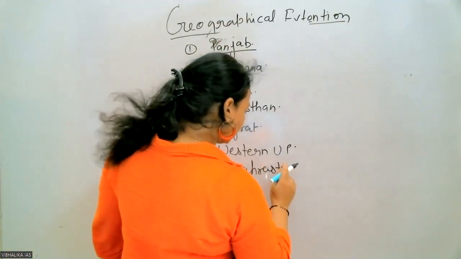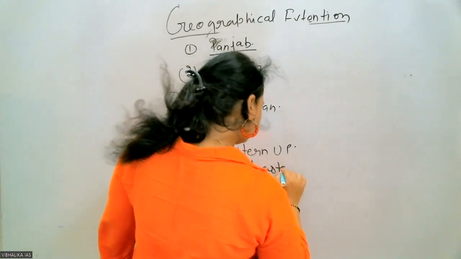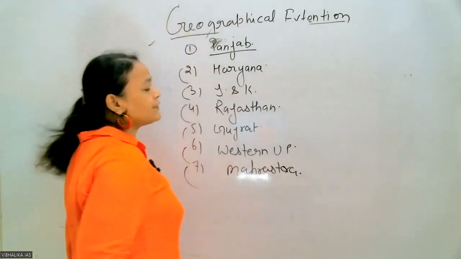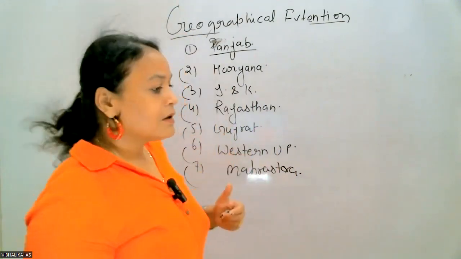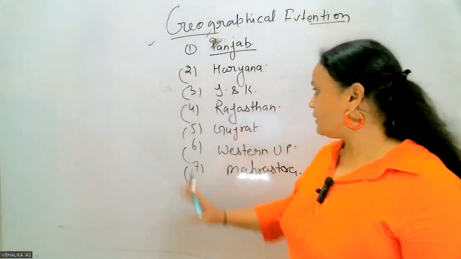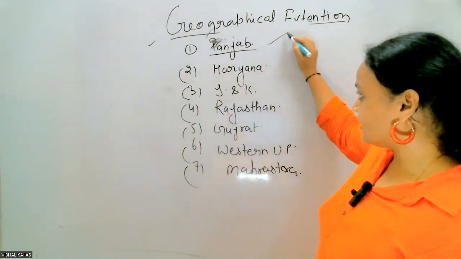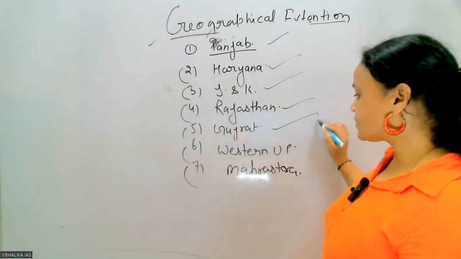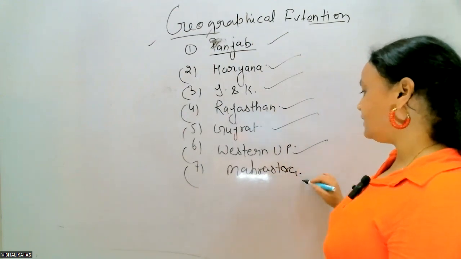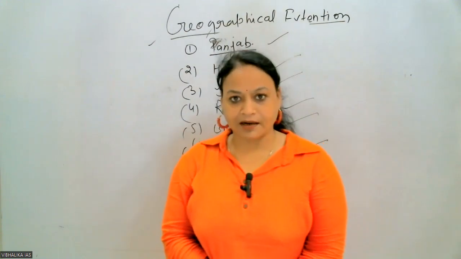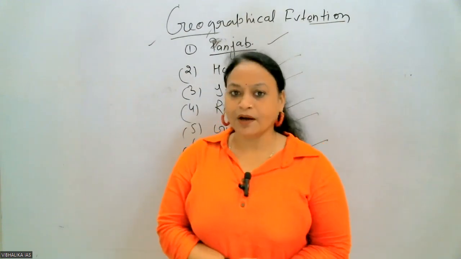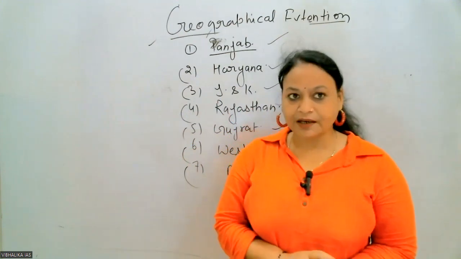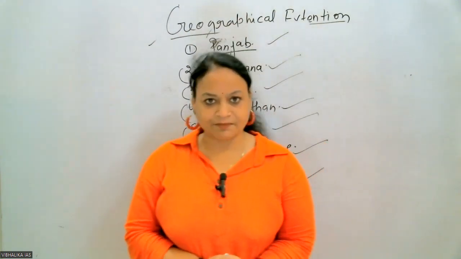So you can see that almost all the sites of the Indus Valley civilization are situated in these states: Punjab, Haryana, Jammu and Kashmir, Rajasthan, Gujarat, Western UP, as well as Maharashtra. So I think you are able to understand the geographical location of the Indus Valley civilization.